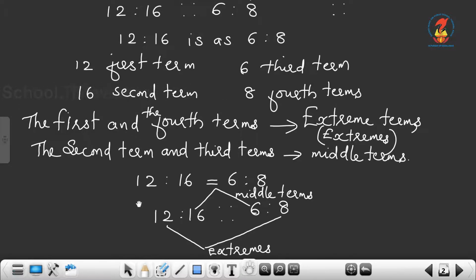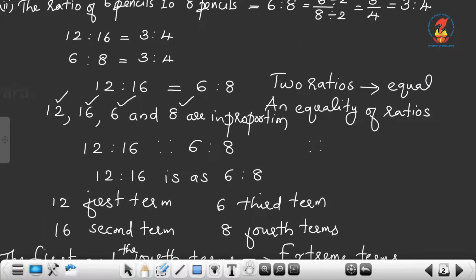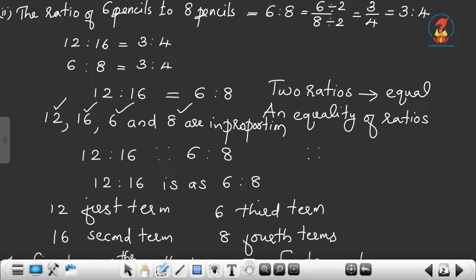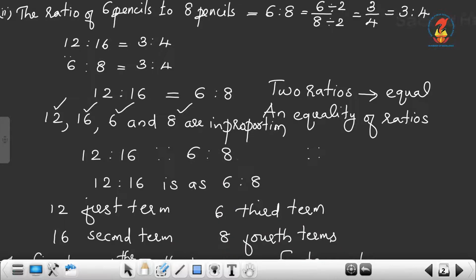So once again, look at that. We considered the example and we got 12 is to 16 as the ratio 3 is to 4, and 6 is to 8 is also 3 is to 4. So what is the meaning of that? These two ratios are equal.